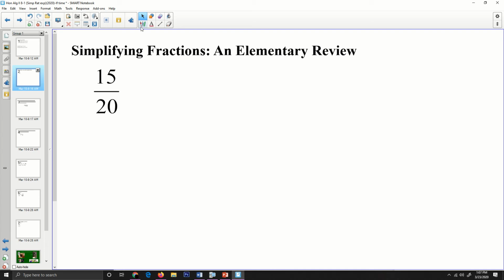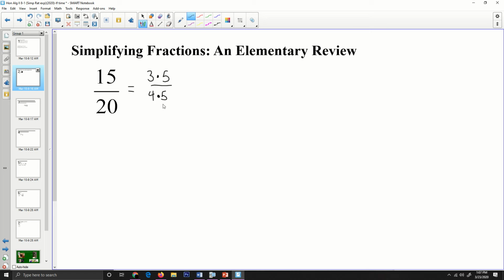When you are asked to simplify the fraction 15 over 20, what you are actually doing is factoring both of these. So 15 factors into 3 times 5, and 20 factors into 4 times 5.